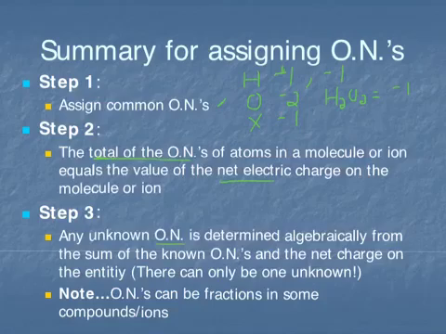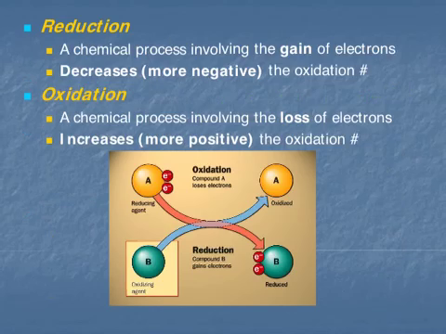Now, it'll be okay if your oxidation numbers do not come out to actual integers, but rather fractions. That's okay, because remember, oxidation number is not a true electrical charge, it's just a matter of bookkeeping. So let's say you have an oxidation number of positive 2/3, that is perfectly fine, you haven't done your math wrong.